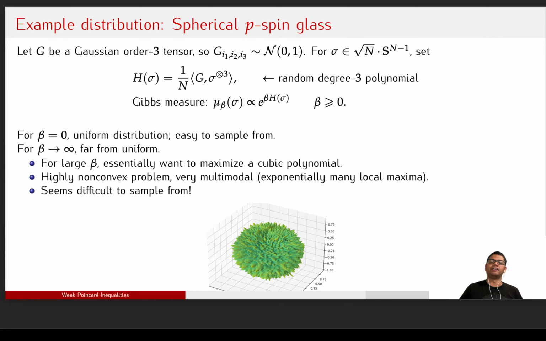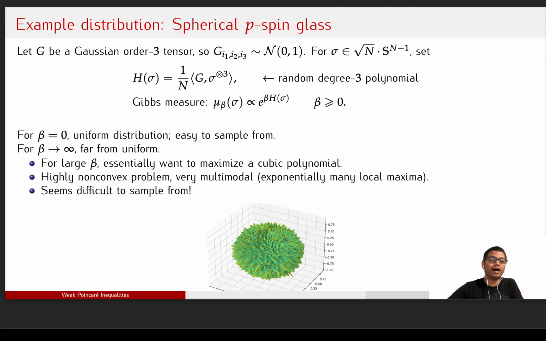And just to get a sense of what this distribution looks like, when beta is equal to 0, this is the uniform distribution on the sphere of radius root n. But as you increase beta and send beta to infinity, the distribution is far from uniform. For large beta, the distribution is supported on approximate maxima of the Hamiltonian.